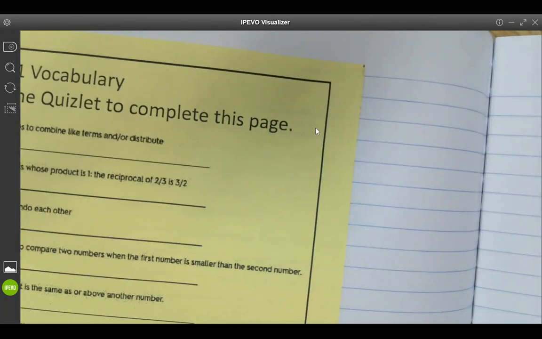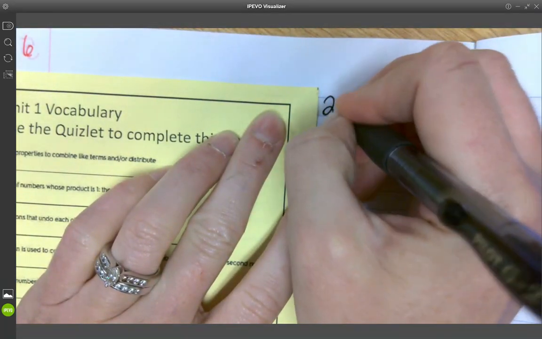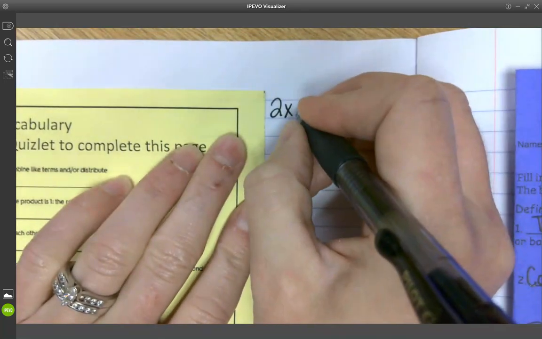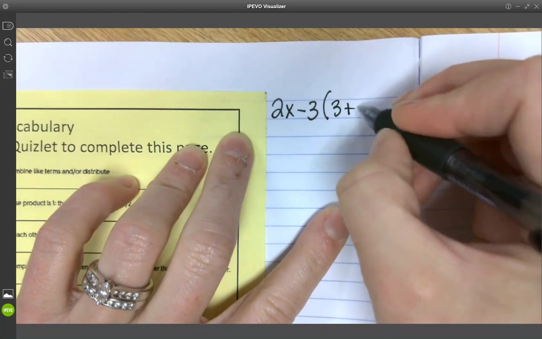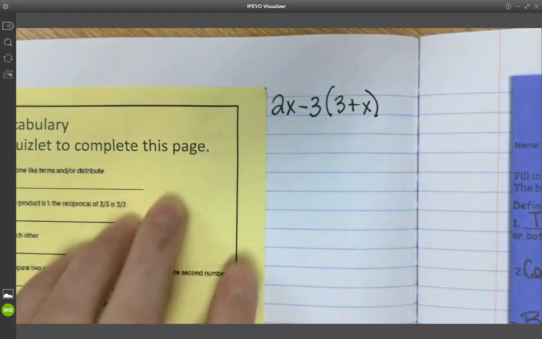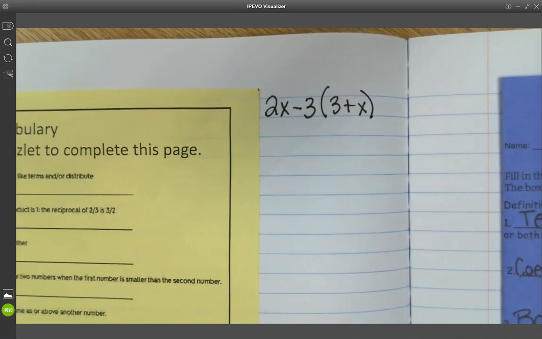We're going to add some examples in here right next to the yellow page. So we have 2x minus 3, parentheses 3 plus x. I want you to go ahead and do that one. Distribute and then combine your like terms.